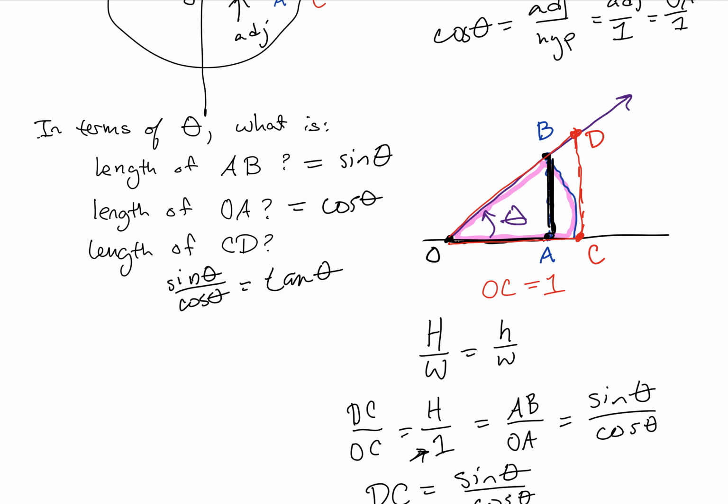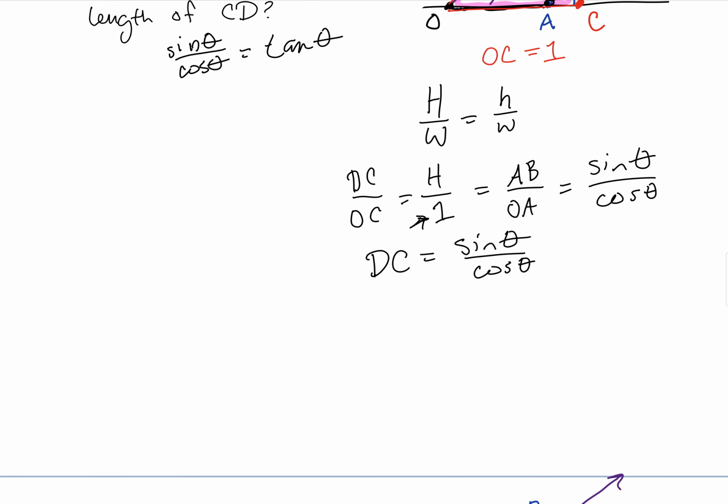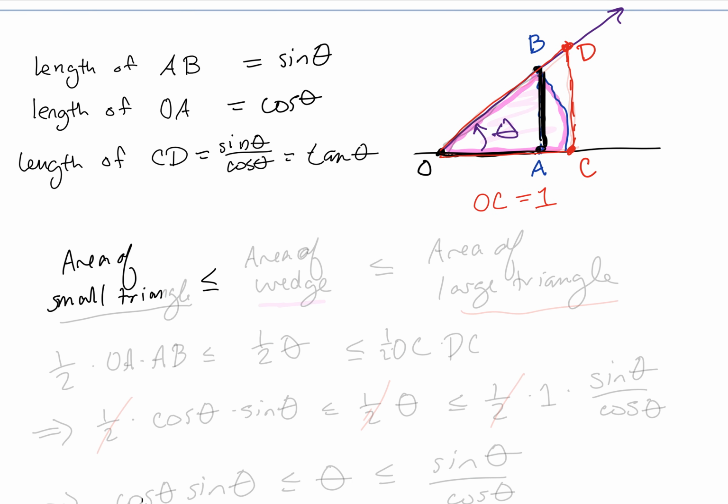Okay, so why are we interested in those things? Well, our goal is going to be to squeeze some things, right? So what we're going to do is say, we've got the area of the small triangle, and that area is going to be less than or equal to the area of the wedge, the pie slice, which is less than or equal to the area of the large triangle.